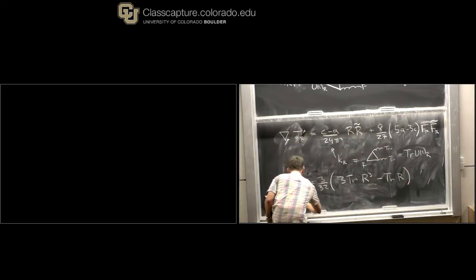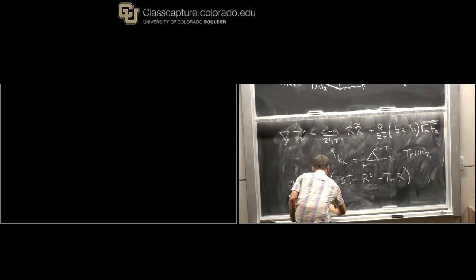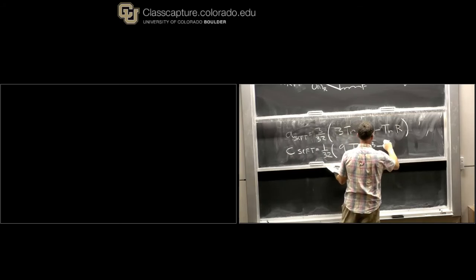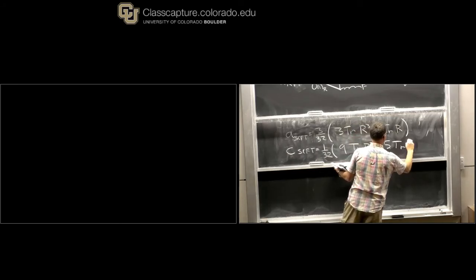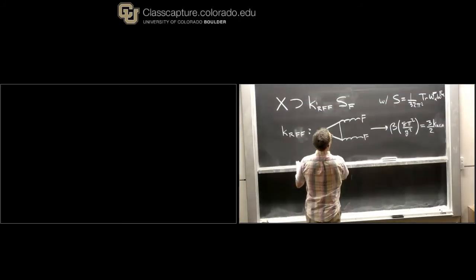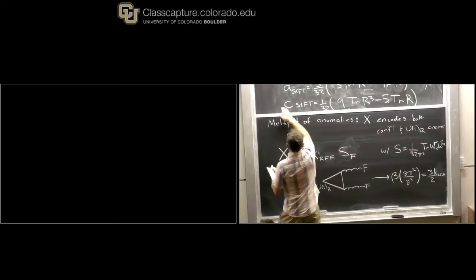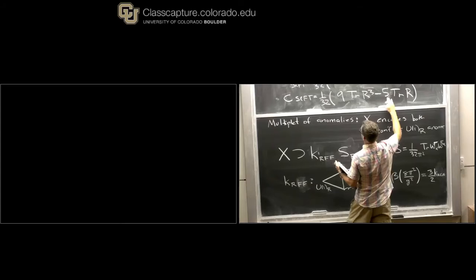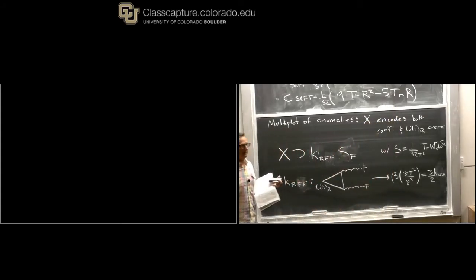Okay, so these are the exact expressions in the superconformal field theory for the A and C conformal anomalies in terms of the R symmetry 't Hooft anomalies.